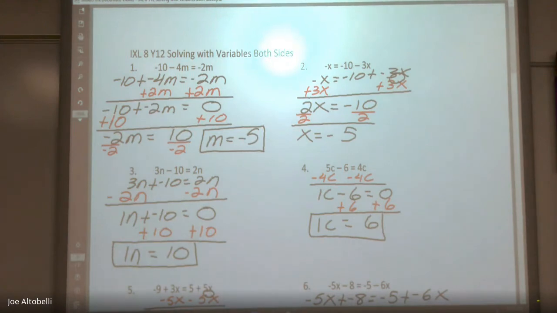So IXL Y12. You'll have today and tomorrow to complete them. Okay, today and tomorrow to complete. Wednesday test or quiz. Always write it on a separate sheet of paper, showing your work.